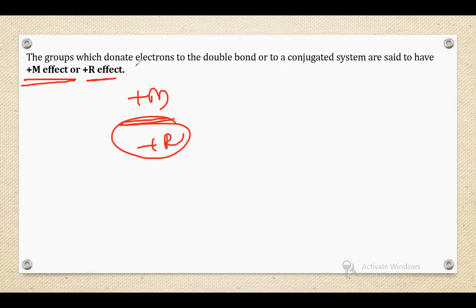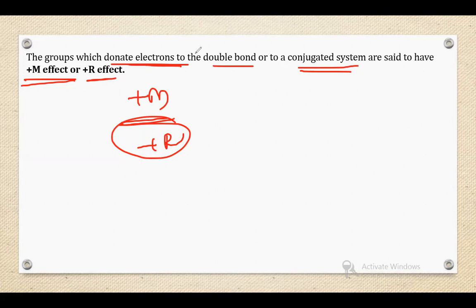The groups which donate electrons to a double bond or to the conjugated system are said to have the positive M effect or positive R effect. So what is the positive resonance effect?